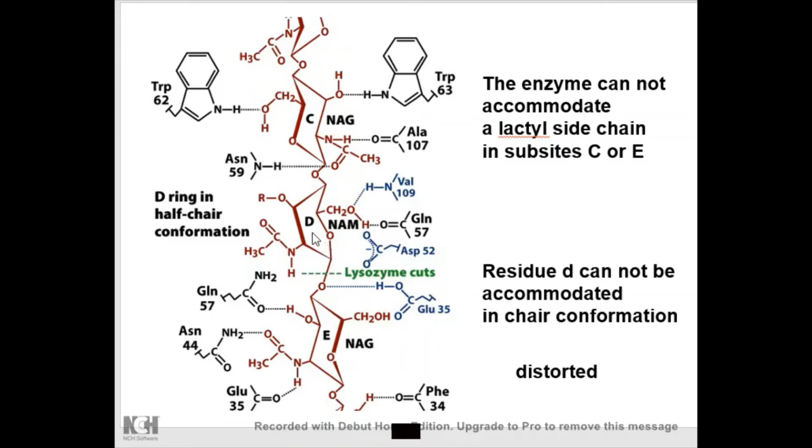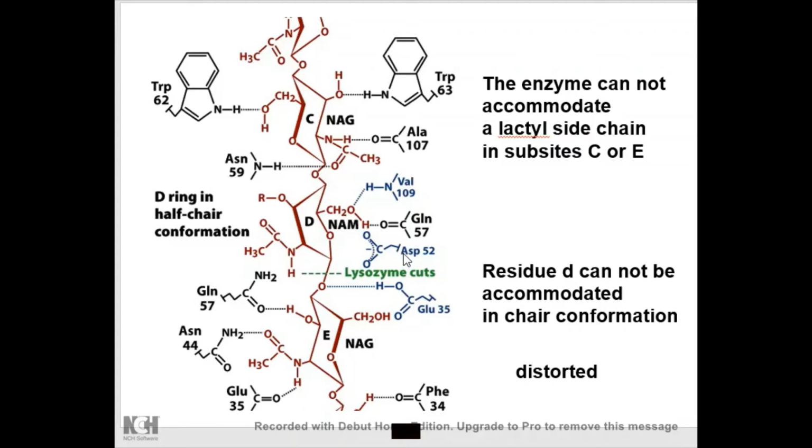This picture zooms in on rings D and E, and you can see the cleavage site, the hydrolysis site, and some catalytically important amino acids that bind the substrate and also catalyze the cleavage. Again, I would like to focus on aspartic acid 52 and glutamic acid 35. These are the two amino acids that we are going to consider in detail.